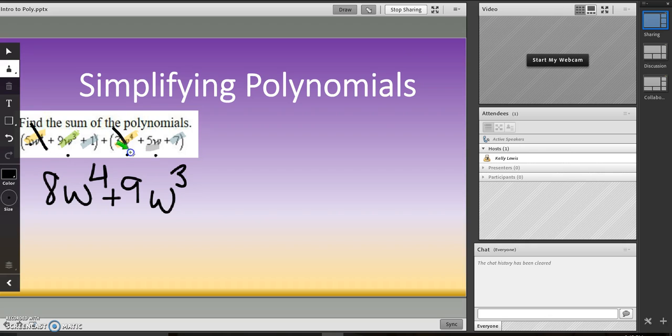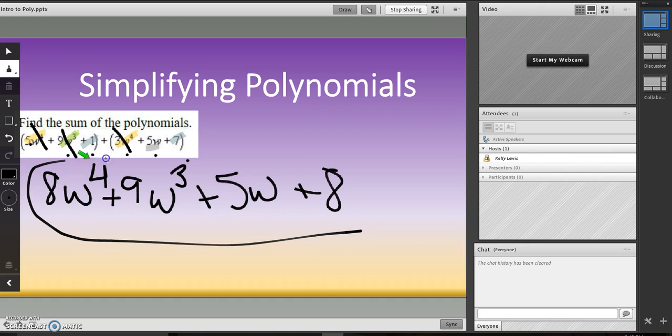I'm going to cancel the ones that we've done. So now we have a 5W, because there was no squared. And then we have this 1 and a 7, so we have an 8. So this is our answer. I don't want you to stress about what this means. I want you to worry about just manipulating and moving the variables and the terms.